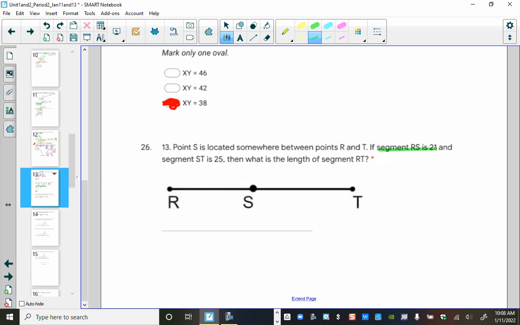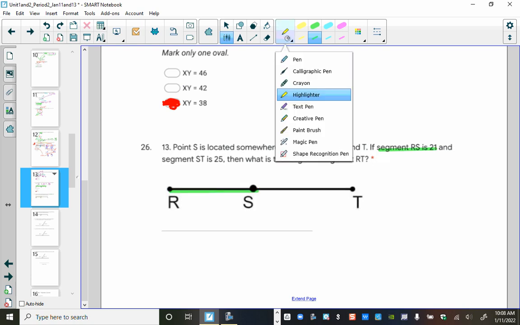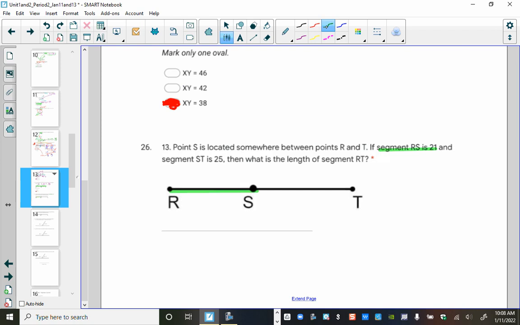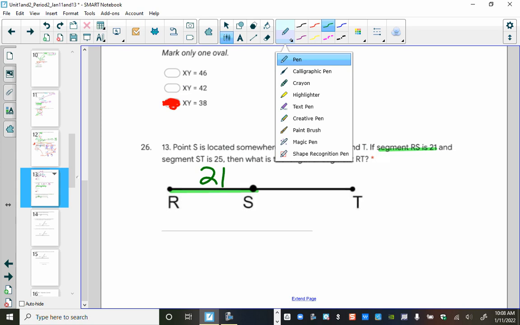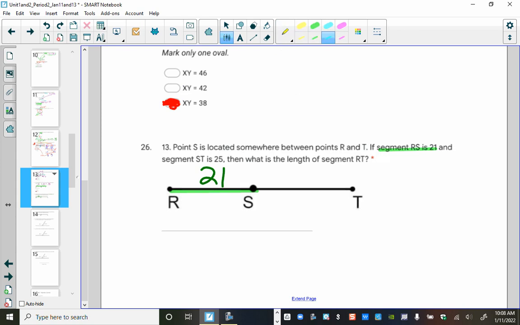RS, 21. Here's from R to S, 21. S to T, 25. Now, R to T, is that the entire thing or one piece?